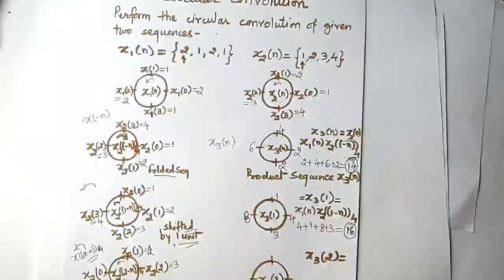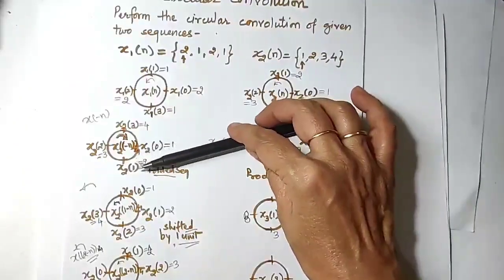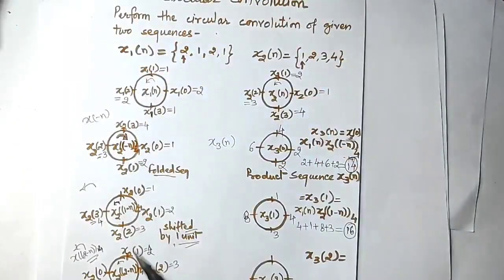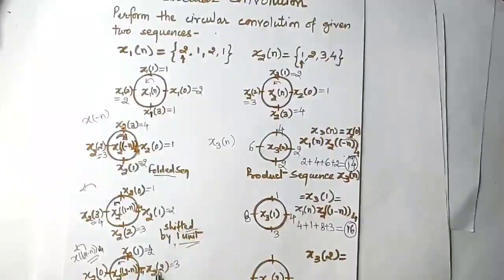This step is a 2 unit shift. Earlier we had x0 here, then we shifted 2 units, so that x2 is there at x0, anti-clockwise.